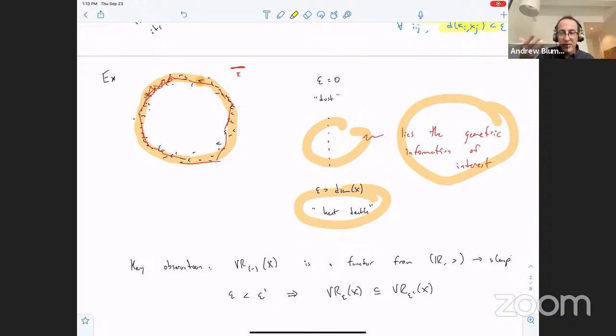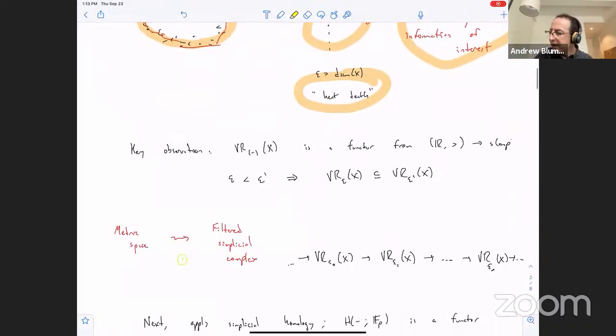People have known this idea that you want multi-scale invariants of things for a very long time. But the really interesting idea that is behind persistent homology is that what you observe is that this construction of the Vietoris-Rips complex is a functor. It's a functor from R. It's nice to use the categorical language, but I'm saying something very simple.